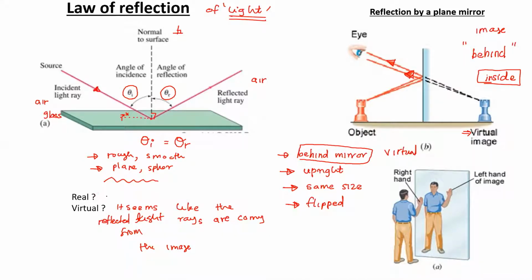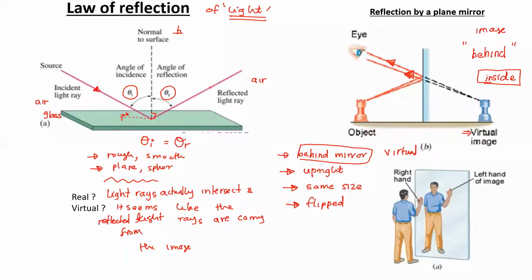If it was a real image, then you will see real images in a few slides, light rays actually intersect and come towards your eye. So if it was a real image, these light rays will be converged here for real.